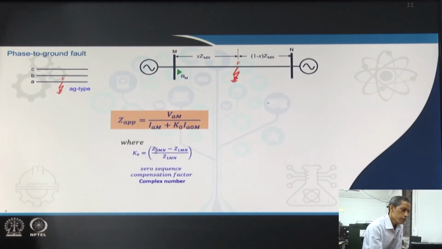This can be in terms of the complete line impedance or per kilometer line impedance also. So, that we have already discussed in detail in the theory.